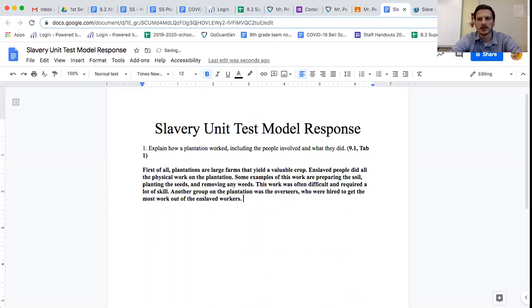And I'll just add that extra detail I was telling you. It seemed kind of important. I'll say they often use, and I won't use harsh because I want to change the wording to my own words. So I'll say they often use brutal methods like whipping to get enslaved people to work harder.